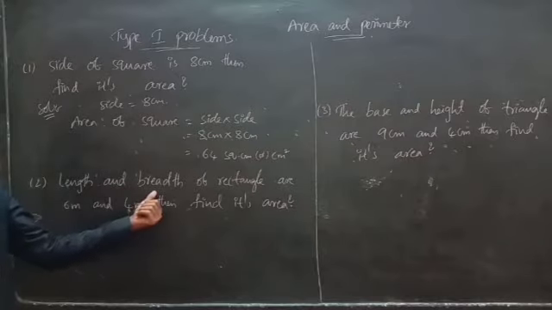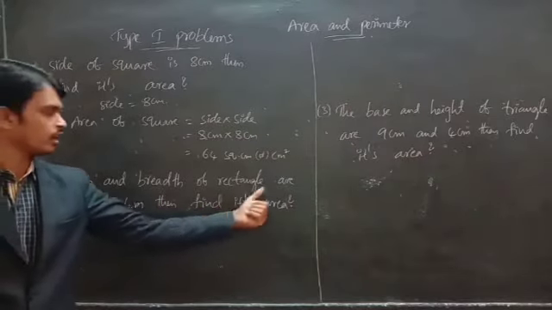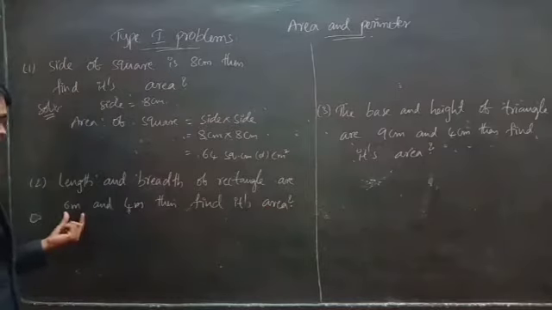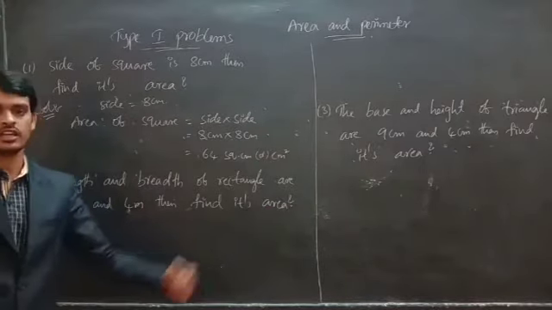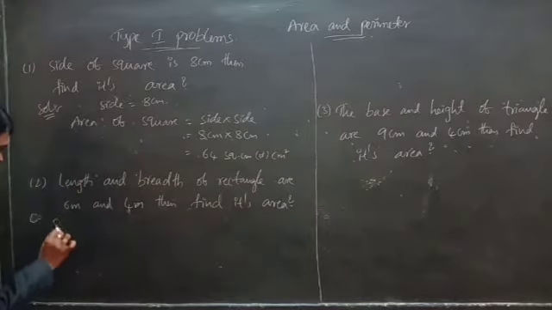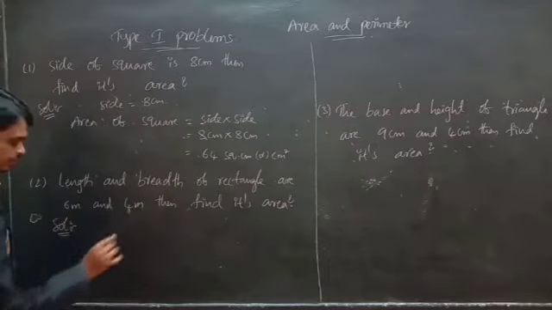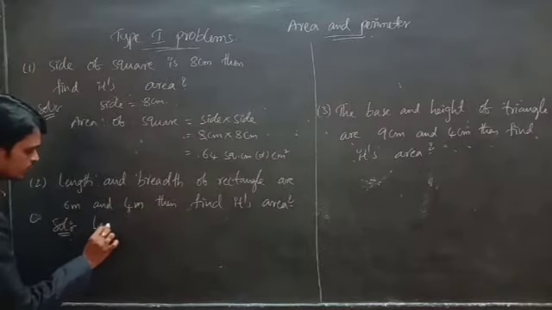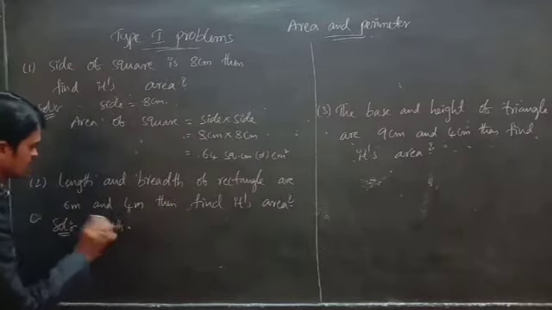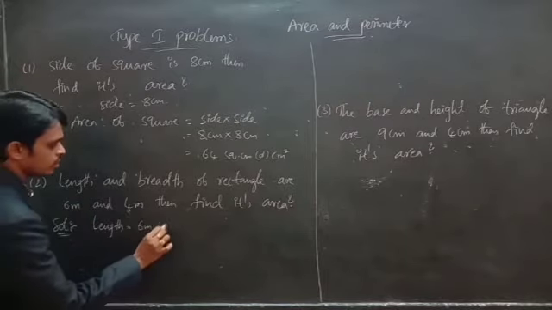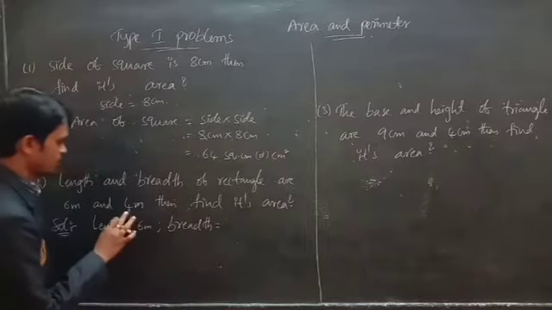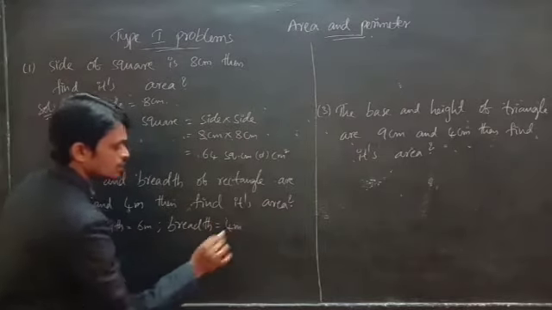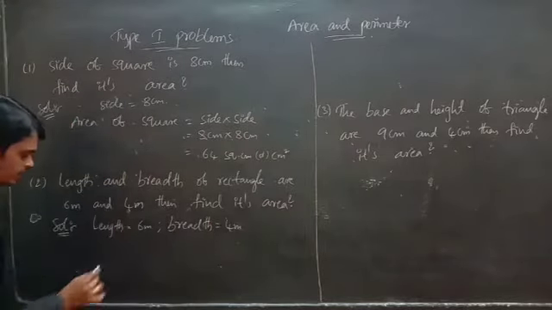Length and breadth of a rectangle are 6 meters and 4 meters. Then find its area. So what is the given? Solution: length and breadth are given. Length is given as 6 meters and breadth is given as 4 meters. Then we have to find out its area.